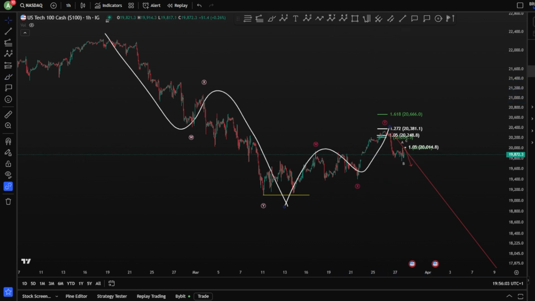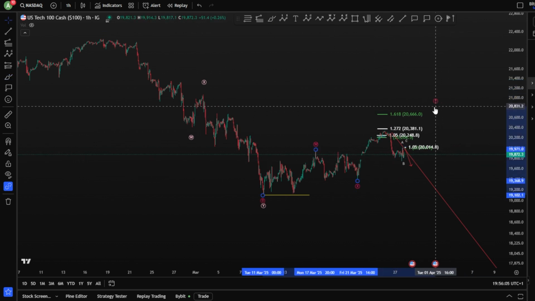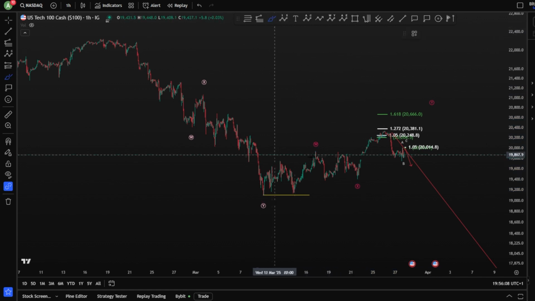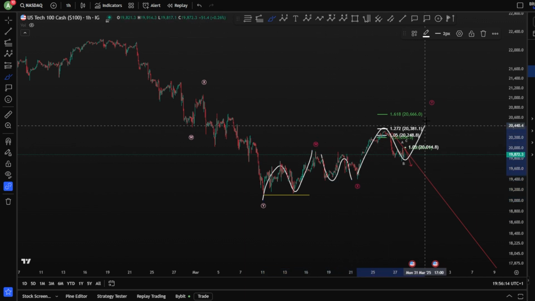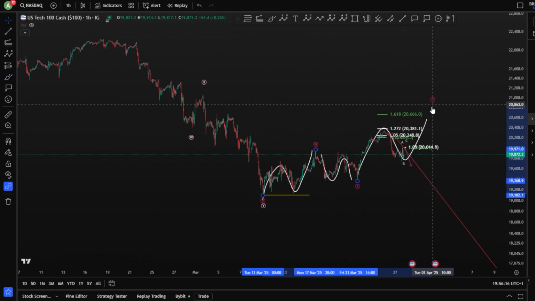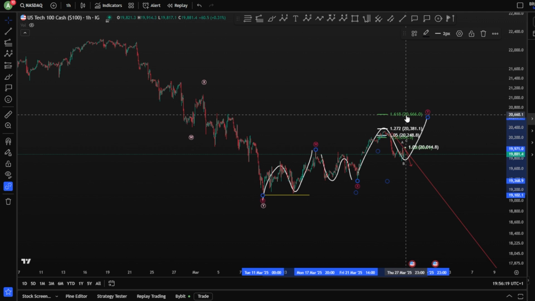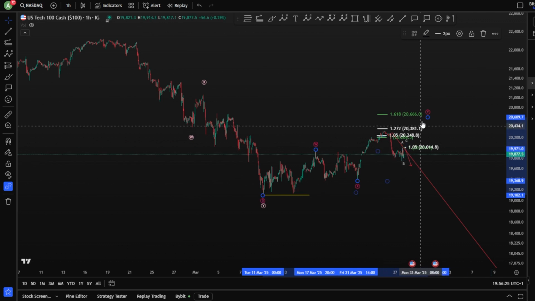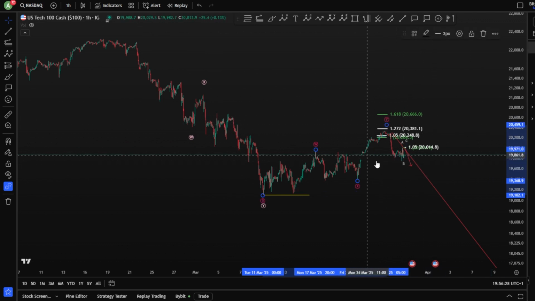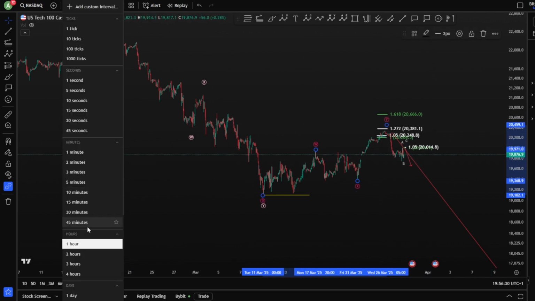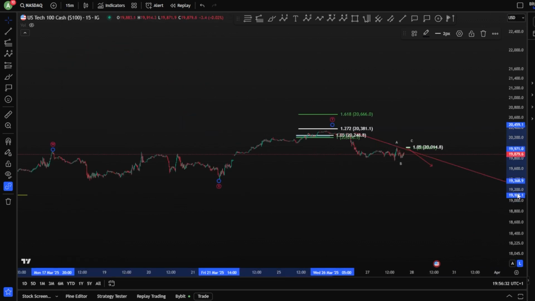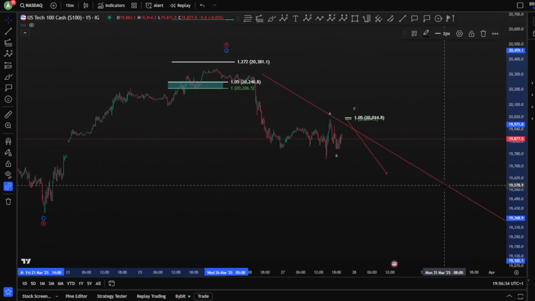Another possibility is wave Y can be extended, because this looks like just one leg, potentially, that you have W, X, and a wave Y still needs to be a zigzag, to finish this finally as a WXY. So you see how many probabilities we have. So potentially we have to be careful here. It's a wave B. It's the most complicated and the most tricky and riskiest wave that you can trade.